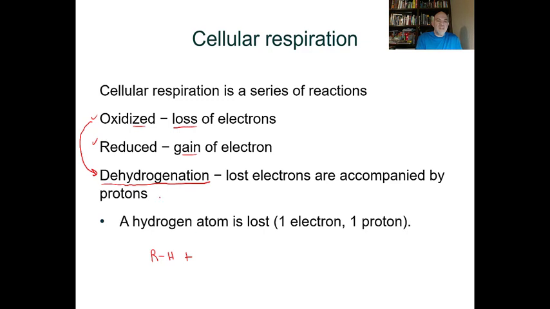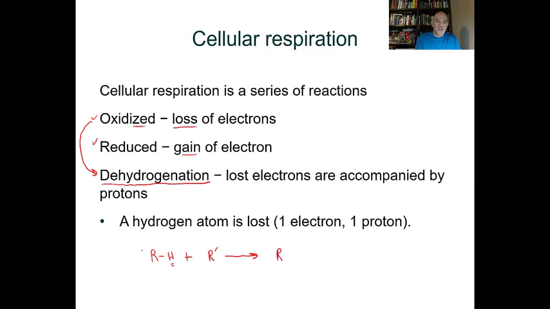So when we dehydrogenate, we remove the hydrogen, and we could add it to another organic compound. We might add it to an inorganic compound, but you follow that hydrogen. And we'll see cases where we add it to inorganic oxygen, for example, to make water. R prime just means some other organic compound.